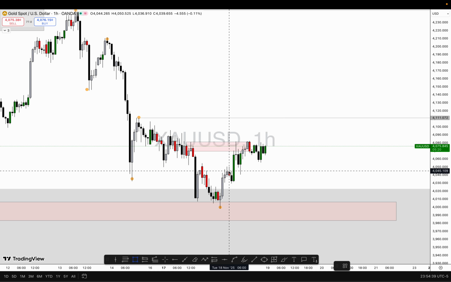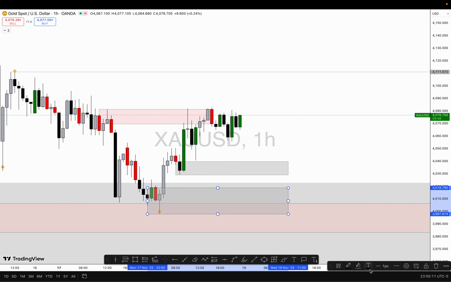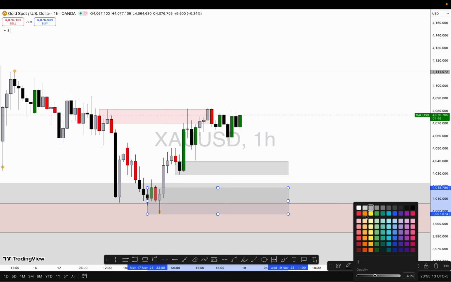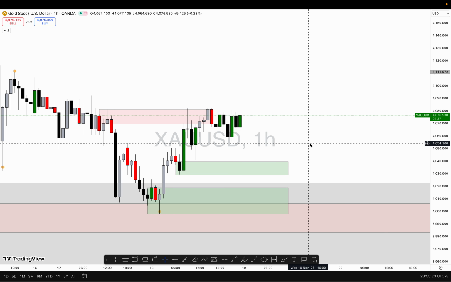So if we had to look below the current price for potential demand zones to buy from, on a 1 hour time frame we have this demand, and we have this demand. So these areas are where I would be looking for potential buying opportunities if we get a pullback.